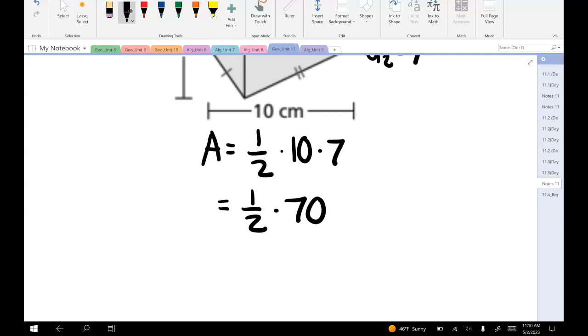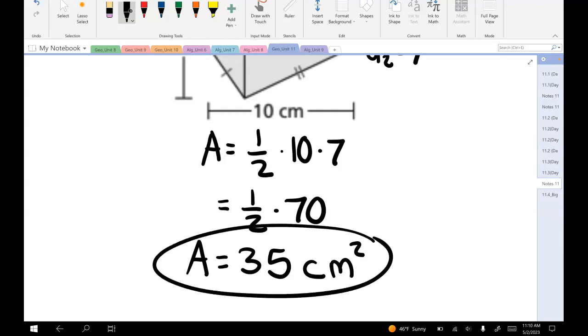And then split 70 in half evenly, you get 35. So your area is equal to 35, and then our units would be centimeters squared, since this is an area problem. All right. Quick and easy.